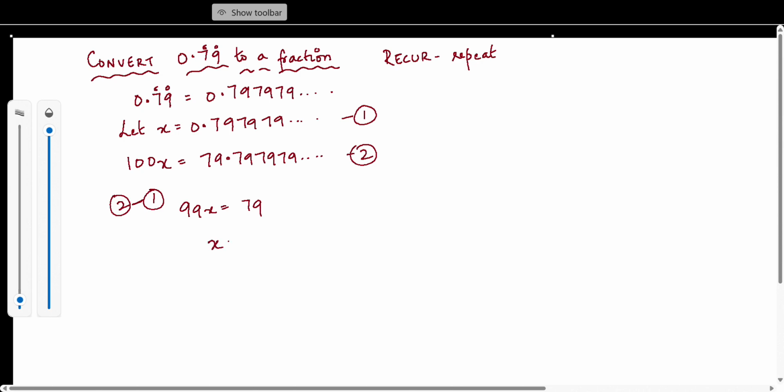So x equal to 79 by 99. You cannot simplify it further because 79 is prime. If you look at it, we assumed x to be the given decimal and now we've got a fraction. So obviously this is the fractional form of the recurring decimal. If you check in the calculator, this is indeed the answer.